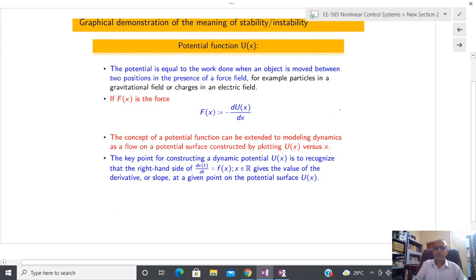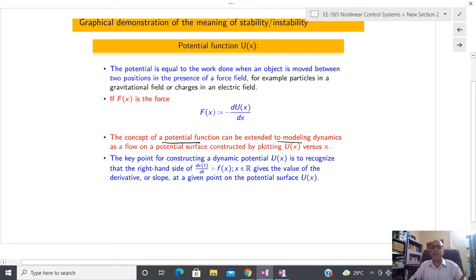Now what we are going to do is use the concept of potential function, and using that potential function I am going to do some kind of modeling in terms of flow.